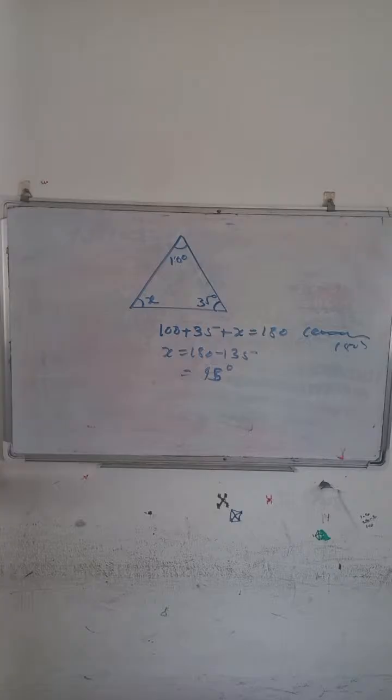Okay, write down the next question. The angles of a triangle are in the ratio 3:4:5.